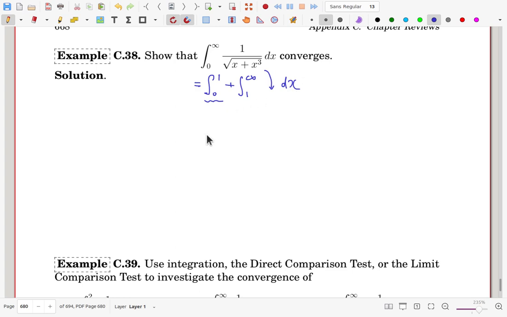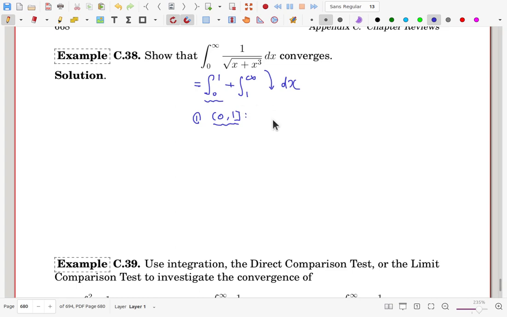First we consider the interval from 0 to 1, since the function at 0 is not defined.